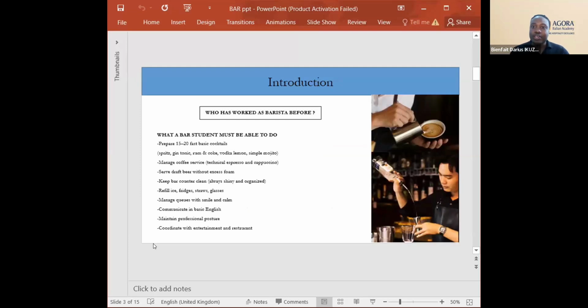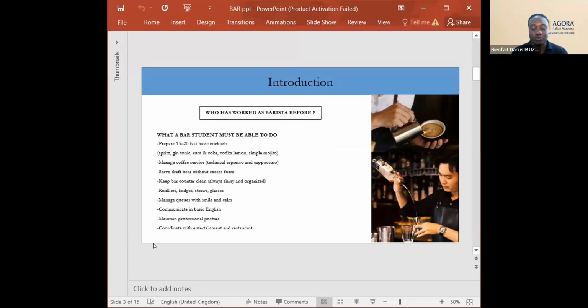So let's start with the introduction. What can we expect to learn from this course? As students, you can expect at the end of the course to be able to prepare 15 to 20 fast basic cocktails.